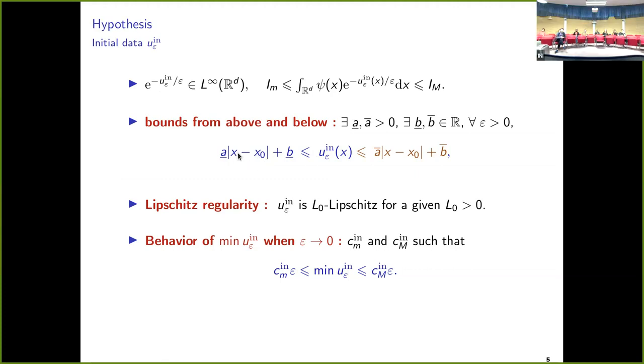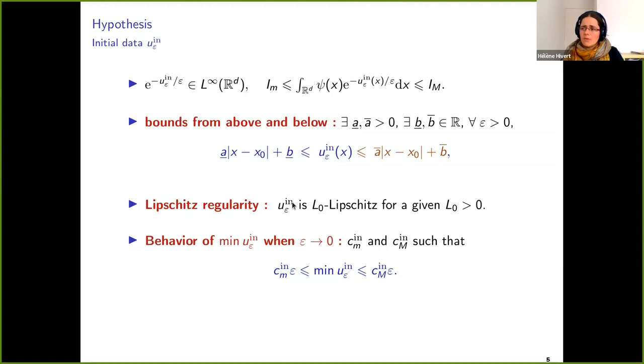So we suppose that it is above something which looks like a triangle, and it is also under another triangle. And this hypothesis is not needed for the analysis of the continuous problem, in fact, but it is technical and needed for the numerical analysis.